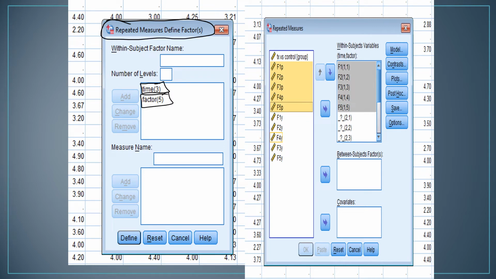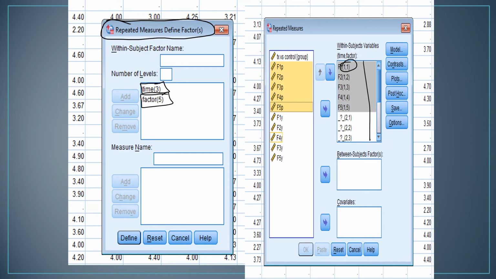And then you will see how it's set up here, where you will now have the combinations of those factors all listed here. So now the first number in any one of these groups is the level of time, and the second number is the level of the factor.